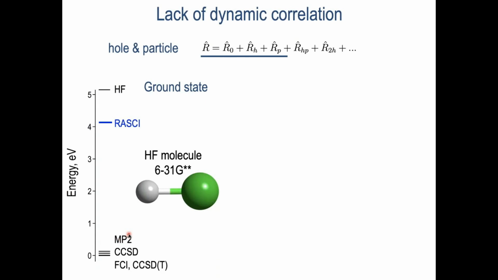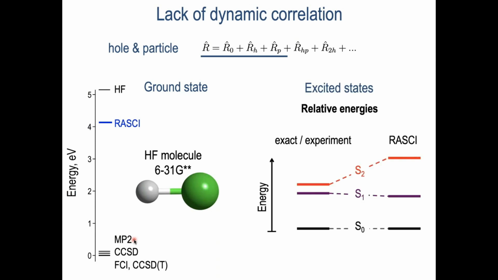So this is clearly an indication that dynamic correlation is not here, in contrast to what we have, for instance, with MP2 or CCSD. And of course, this lack of dynamic correlation also has an impact on the quality of the relative energies that we compute between different excited states, and it is important to be aware of that.